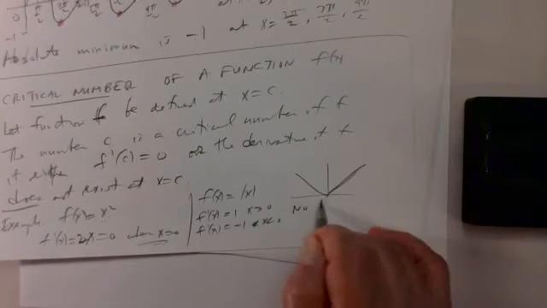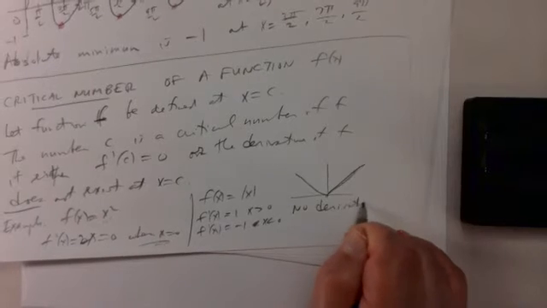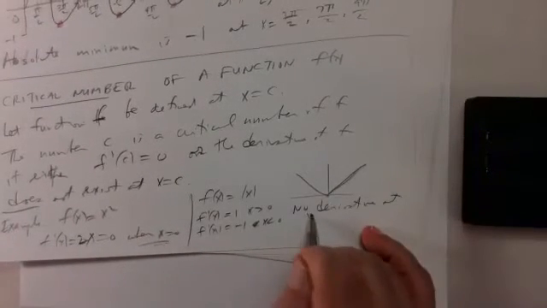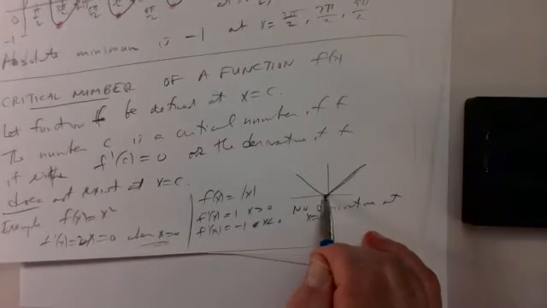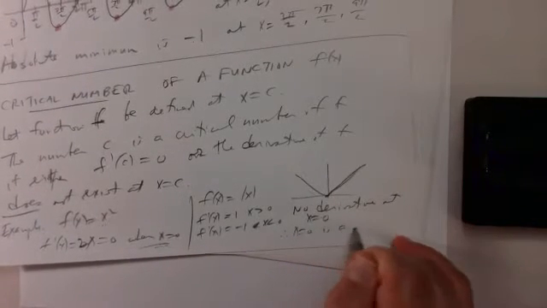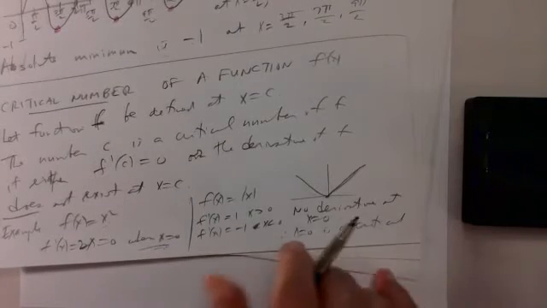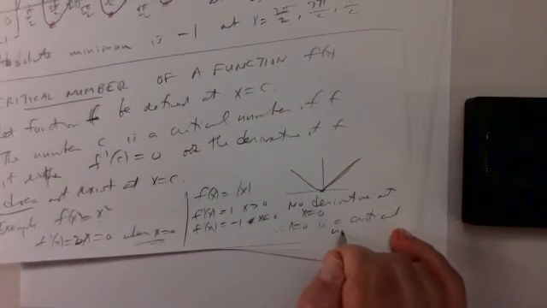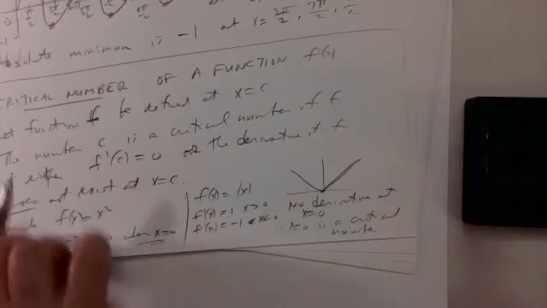And there is no derivative at x equals 0. At x equals 0, the derivative isn't defined. So x equals 0 is a critical number for the absolute value function.